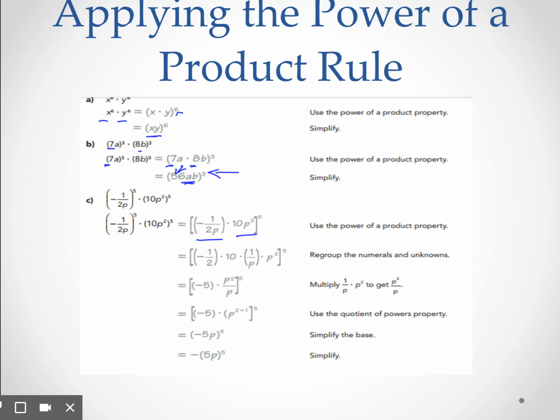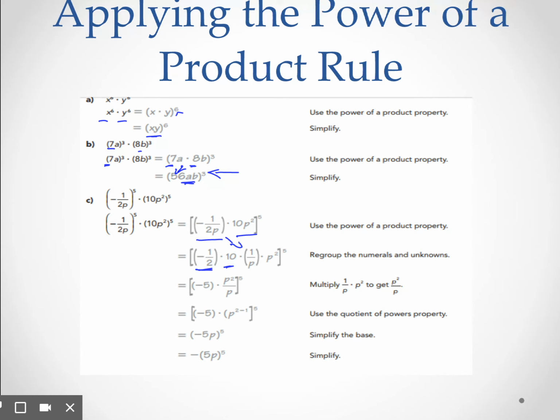So we're going to regroup the numbers and then our unknowns. So the numbers you have in this first expression is negative 1/2 times 10. Those are the two numbers. And then the unknown, since that p was in the denominator, it becomes 1 over p times p squared.